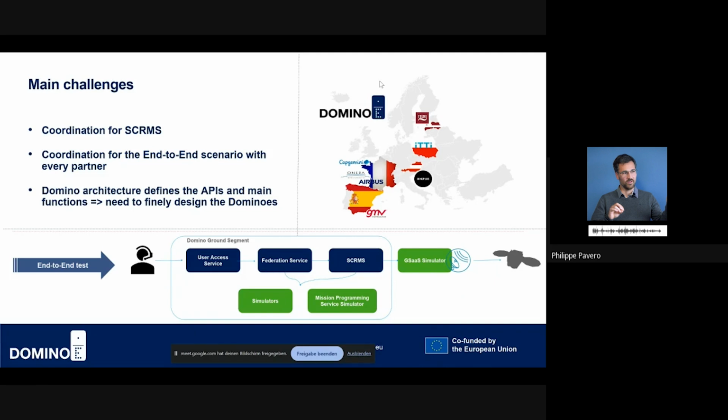So we really have to go into the details to define what has to be developed inside the Domino. We are really responsible for the internal workings of the Domino. So that's what Michael said at the beginning: the Domino is a self-contained component of the ground segment.